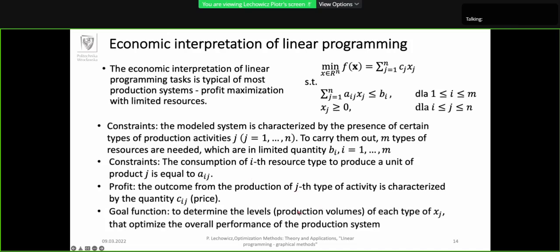So the goal is to determine the levels of production, the volumes of each product, such that the performance of the production system is maximized or minimized, depending on whether we multiply the objective function by -1.